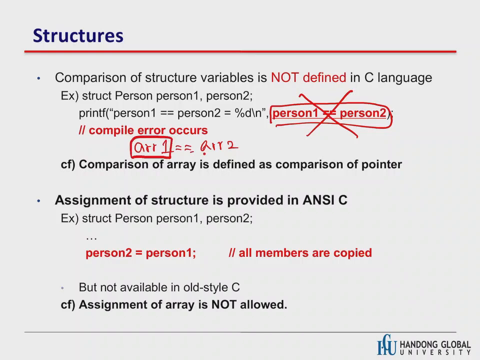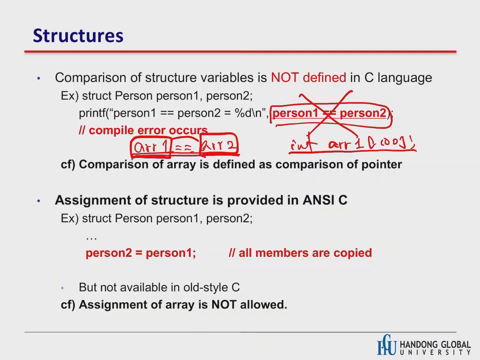When we declare an integer array, something like int array1[100], then using just array1 means the address of this array's first element. So basically we are comparing the addresses of these two arrays. In the program we can do this. The compiler will not complain about it, but you should know what you are doing.